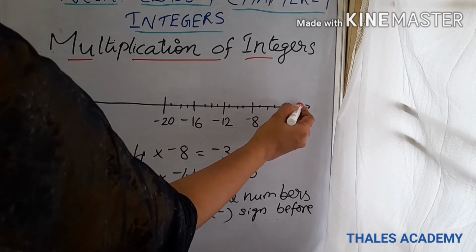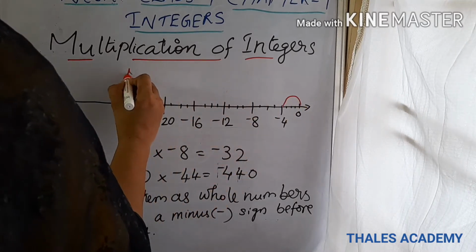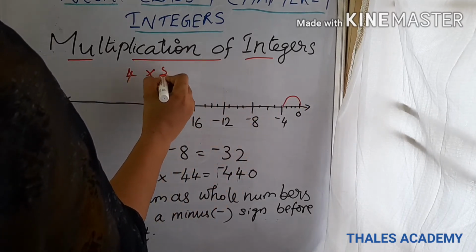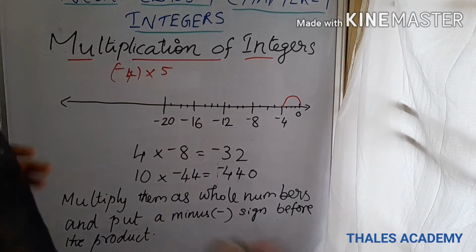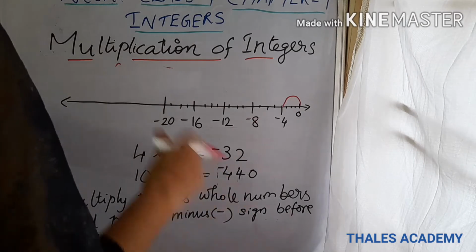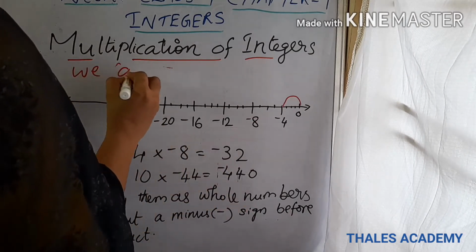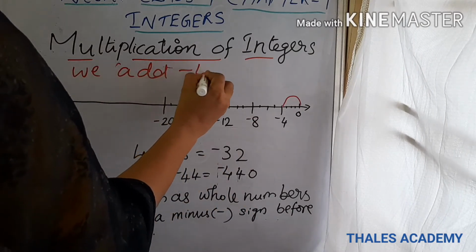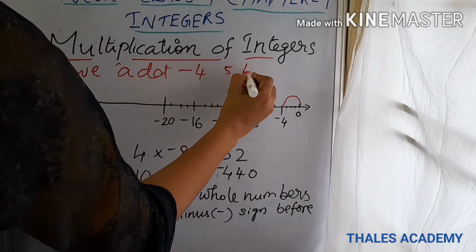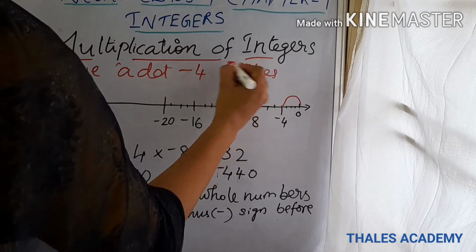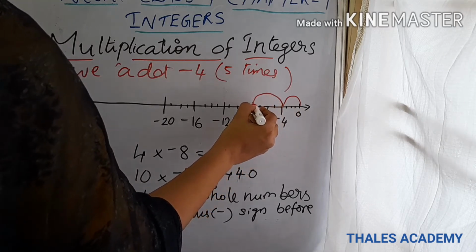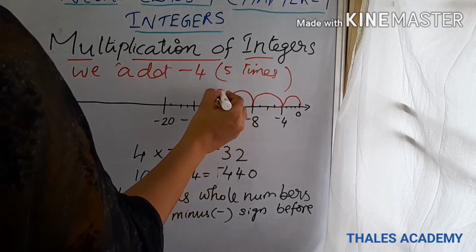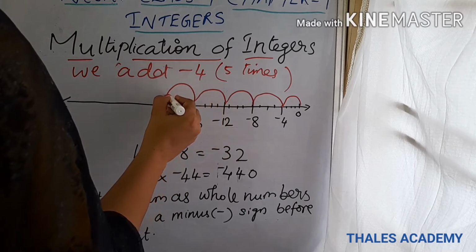Here, from 0, we add 4 five times. That is, we add minus 4 five times. 0 to minus 4, minus 8, minus 12, minus 16, minus 20.